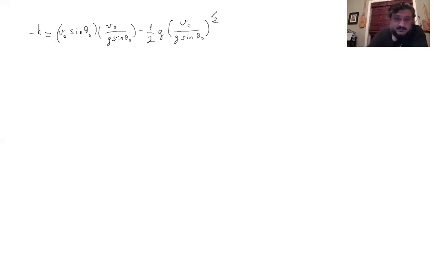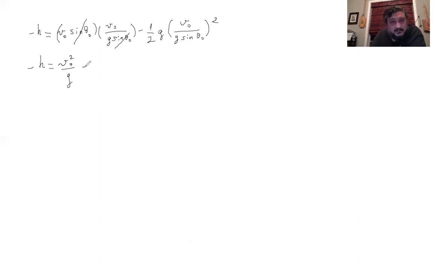All right, where are we going with this? Let me move this thing here over there. Okay, good. I made room. Let's simplify it. Let's get rid of the sine theta naughts. It's negative h equals now v naught squared over g.